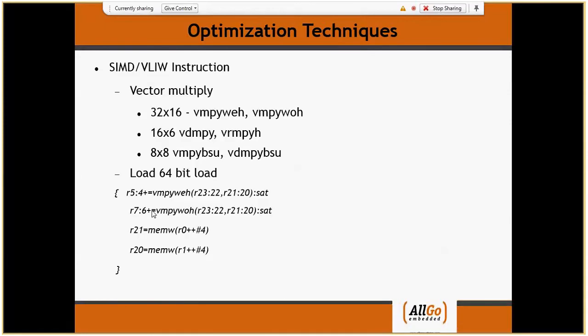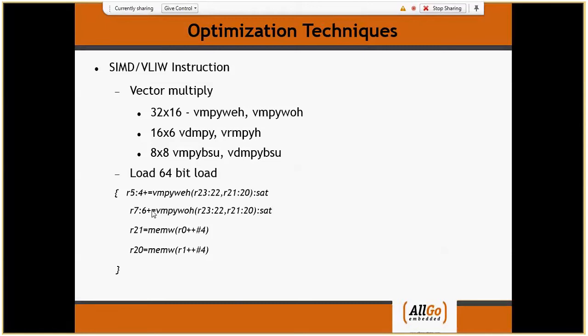Moving ahead with some of the optimization techniques which we have done. As I mentioned, we are trying to use VLIW instructions as well as SIMD instructions. We have used some 32x16 multipliers, 16x16 multipliers, and 8x8 multipliers. These are some of the instructions which can go in parallel.